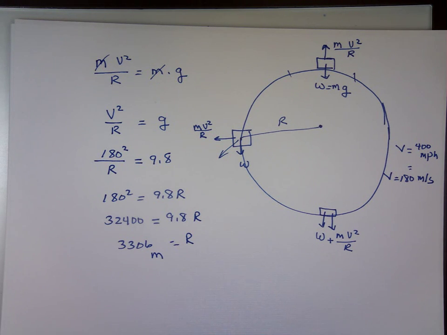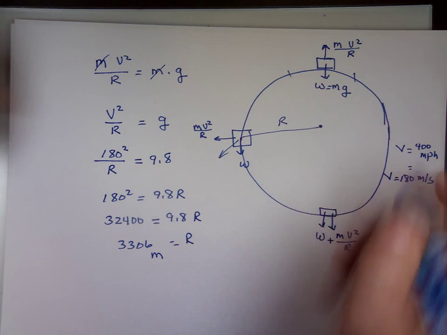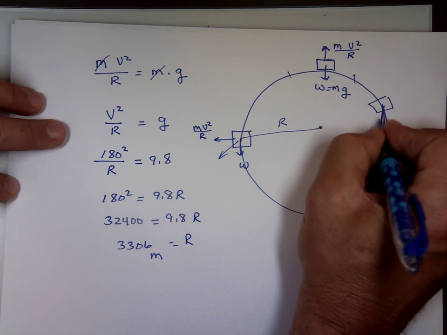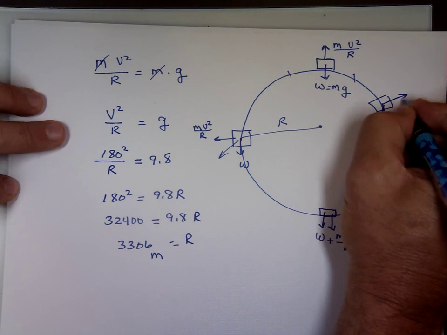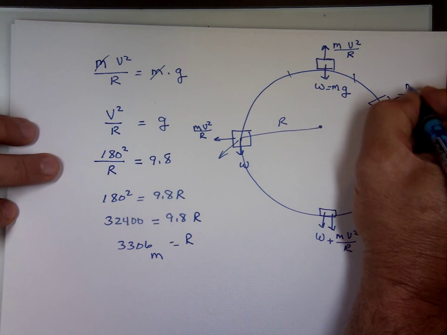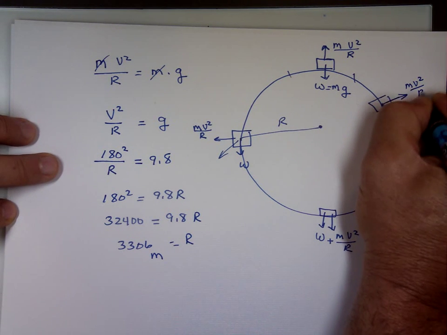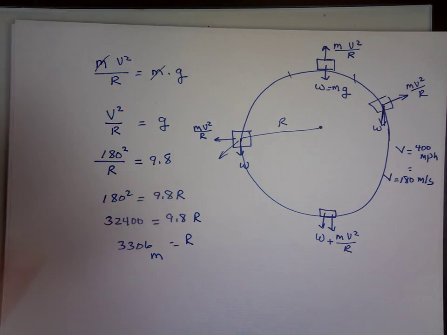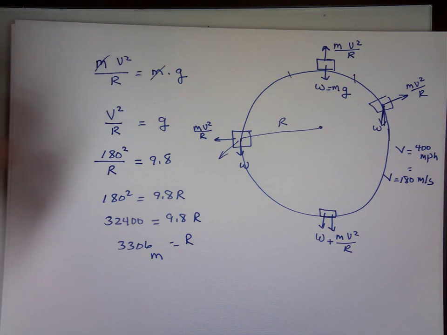So at any point on that pattern, the value is changing. When you're right here, your weight is down like this, straight down, and that value in that direction. So you can see the force acting on you at any given point is really different than any other point on that pattern.